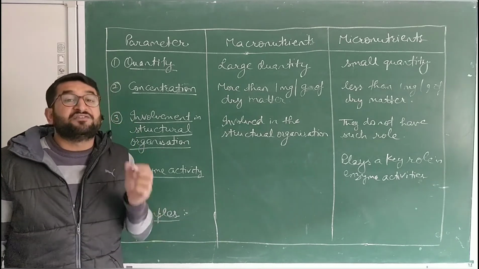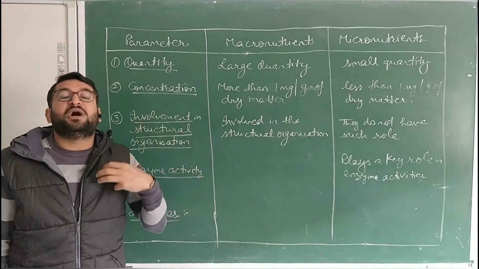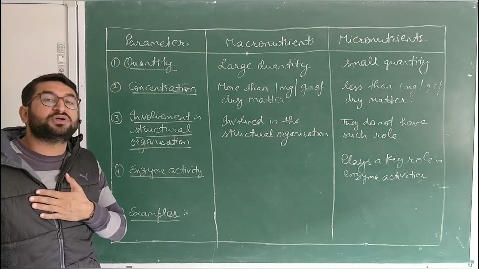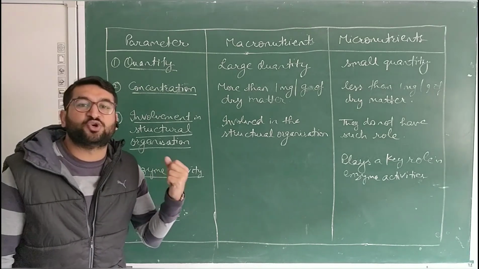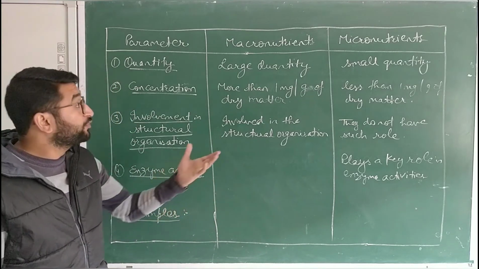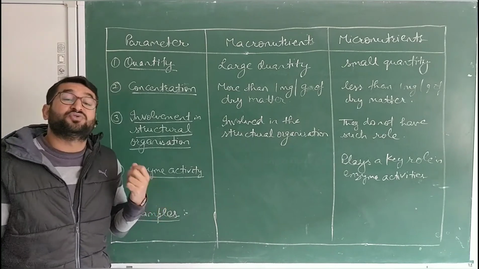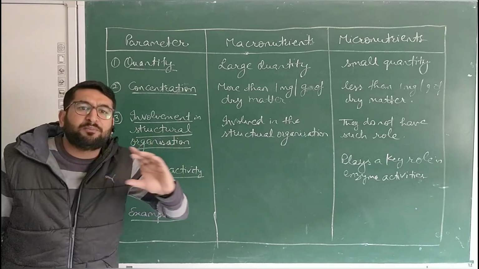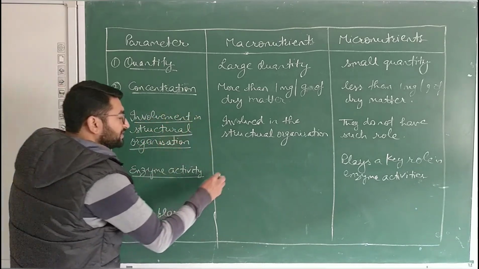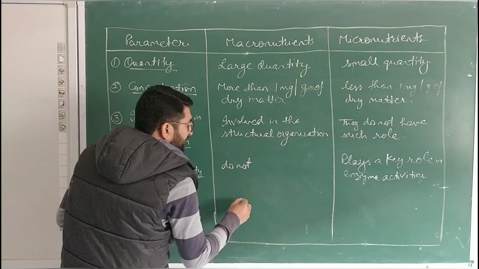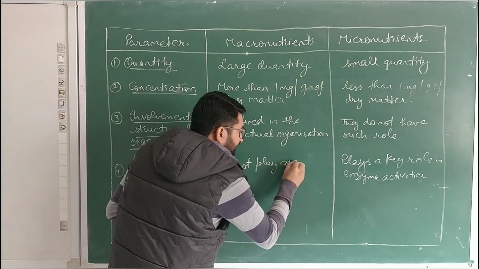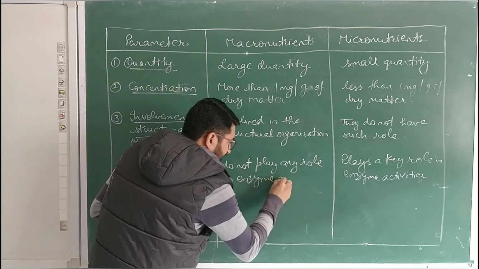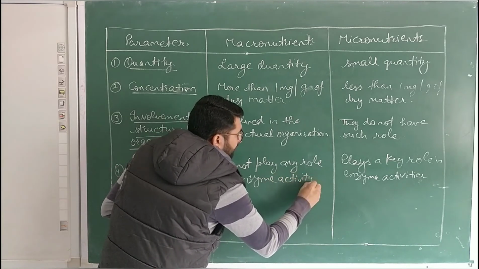Catalysts are the substances which affect the rate of a reaction without consuming themselves in it. कैटलिस्ट वो सब्सटेंस है जो बिना खुद को कंज्यूम किए एक रिएक्शन के रेट को कंट्रोल करता है. So micronutrients are used by the enzymes so that those metabolic activities can occur properly, whereas the macronutrients do not play any role in enzyme activity or in the electron transport chain.